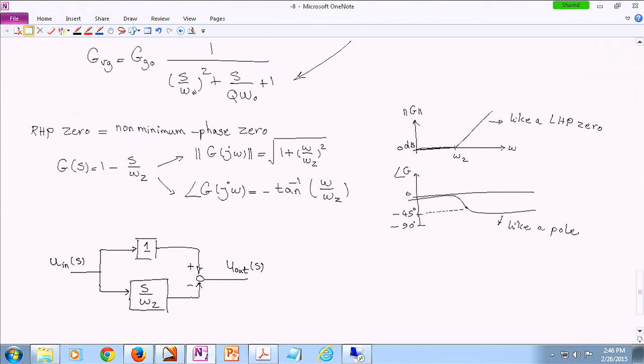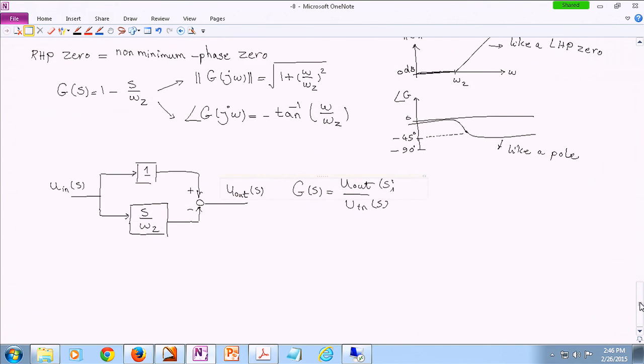Okay, so your transfer function is 1 minus s over omega z. S means you're actually taking the derivative of your signal. So you are taking the derivative of your signal, then dividing that by omega z, then adding it with a negative sign to a 1. So this is the transfer function we're looking at.